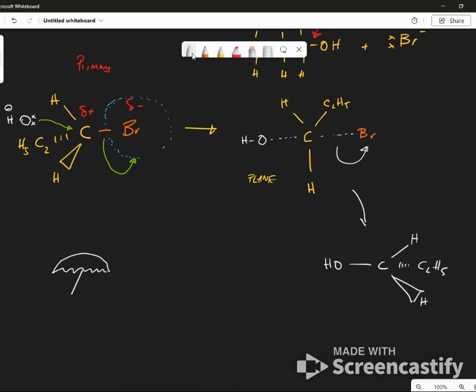On a windy day, it flips over to the other side, doesn't it? That's what's happened to this. The OH has gone on one side, the whole thing flips over, and it flips over there. Do you get that, everyone?